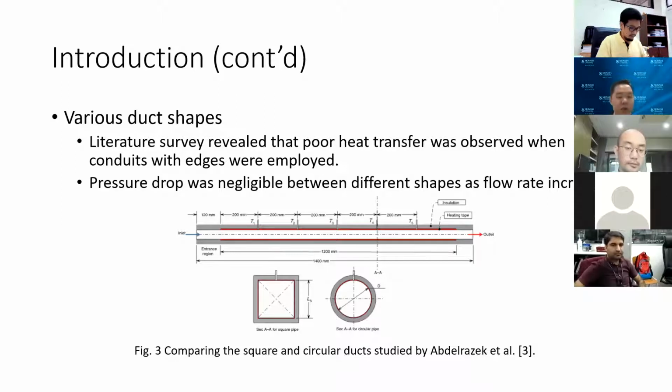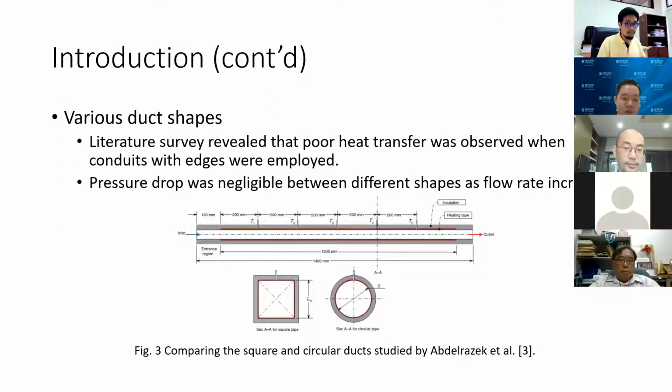Then we have various duct shapes. As you can see here, we have square and circular. However, the research survey revealed that poor heat transfer was observed when conduits with edges were employed, for example, triangular, rectangular, pentagonal. So the circular pipe conduit proved to be a better type of heat exchanger.